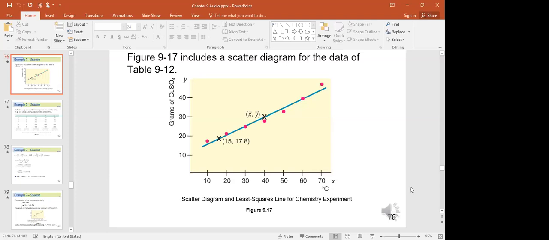And what is the slope? Is that going to be 0.50? 0.50. And then the standard error? 2.34. Now, the coefficient of determination?